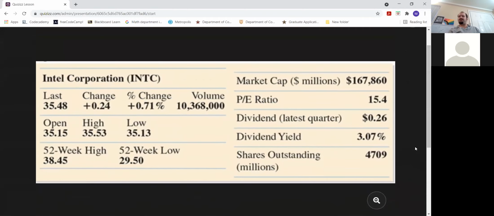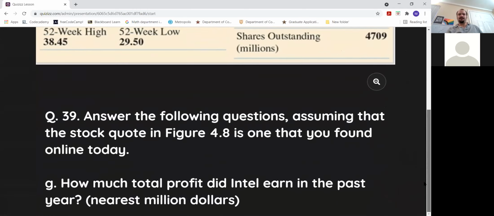If they're earning $2.30 per share, and this is the number of shares, what is the total profit? And I think I said round to the nearest million, so there should be about 6 zeros. I think I did an exact amount too.